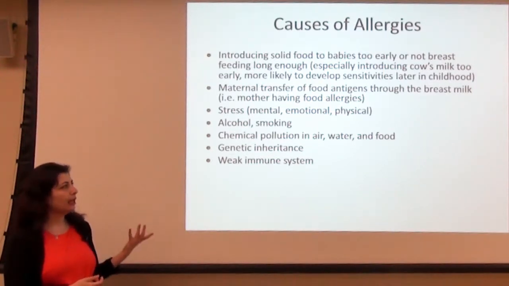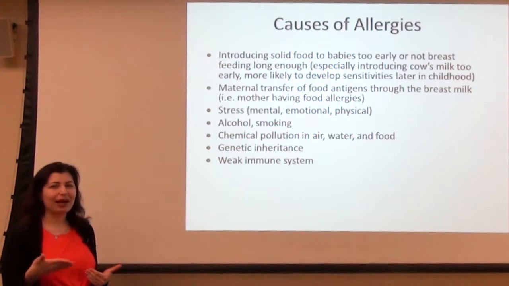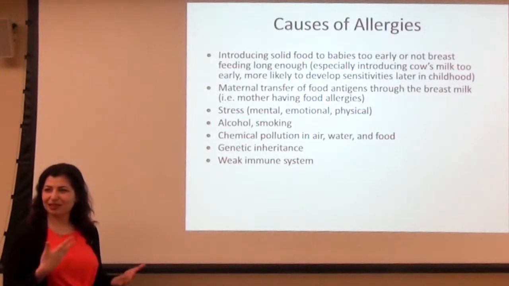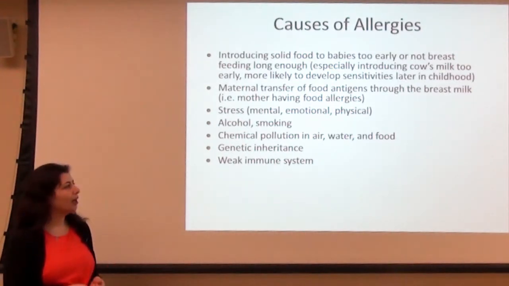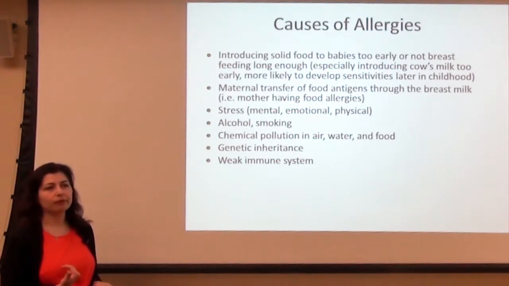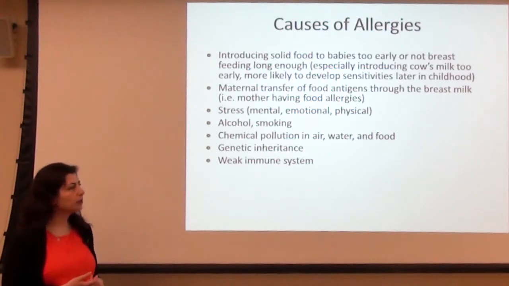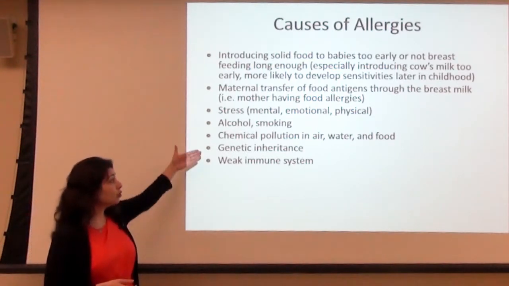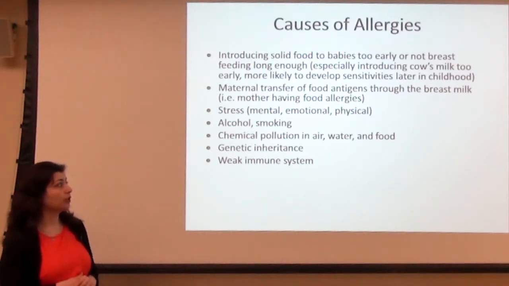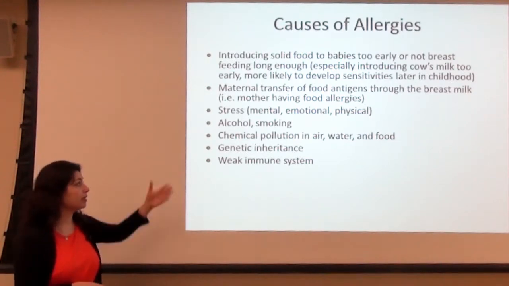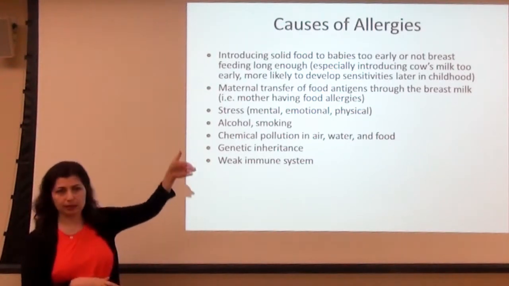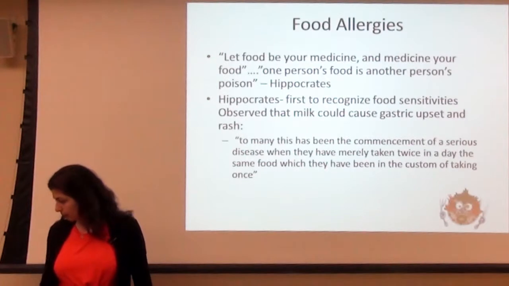I think that's part of the reason perhaps this generation has more sensitivities than we used to. And especially with GMOs, genetically modified organisms, or processed foods, we're affecting our body more and making our immune system more vulnerable. So there is a genetic inheritance, it does run across families, and obviously having a weak immune system makes you more susceptible to food sensitivities.